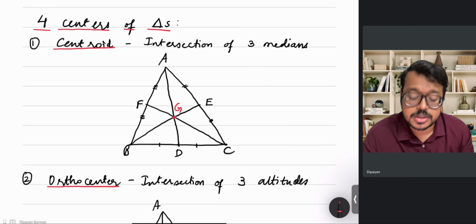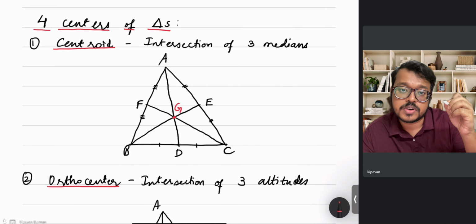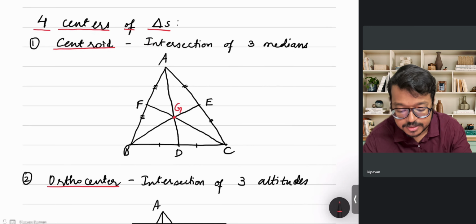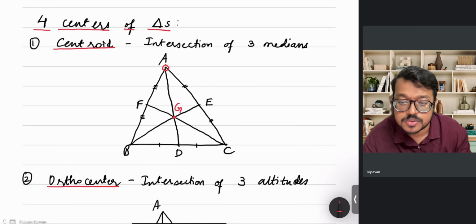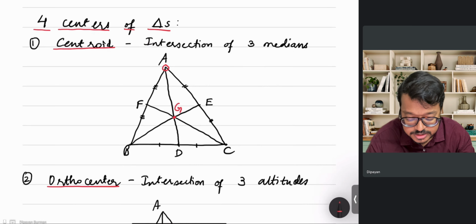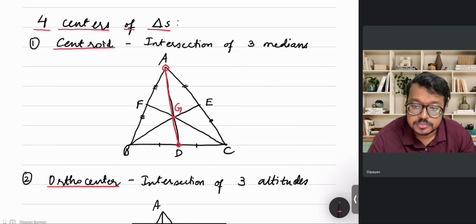Median, if you remember, is the line segment in a triangle starting from one vertex to the midpoint of the other side. So for example, if I choose point A as one of the vertices of triangle ABC and the other side is BC, the midpoint is point D, then AD is one median.